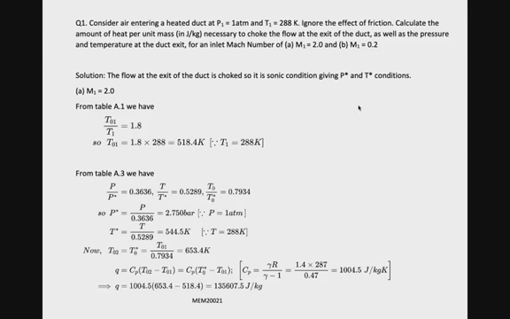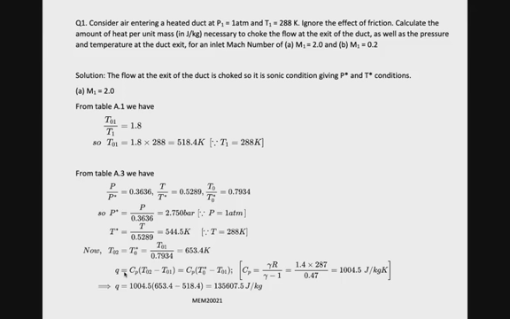So the stagnation temperature at the end of the duct will be equal to the stagnation temperature at the reference state, since the question itself says choking the flow at the exit of the duct, and the exit of the duct is represented by point 2. So stagnation temperature at point 2 is equal to stagnation temperature at star reference state, which gives us 653.4 Kelvin.